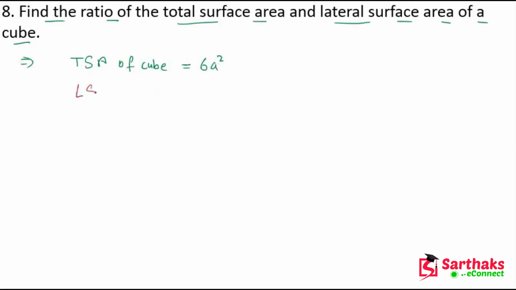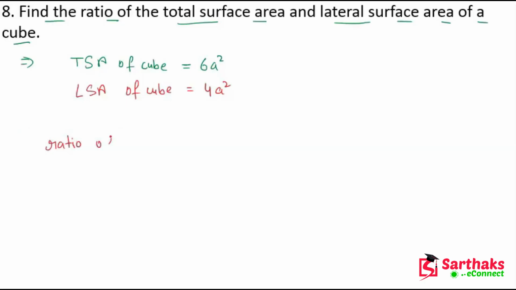And LSA, the lateral surface area of the cube, is equal to 4a square. Yes, it is 4a square, and we have to find the ratio.